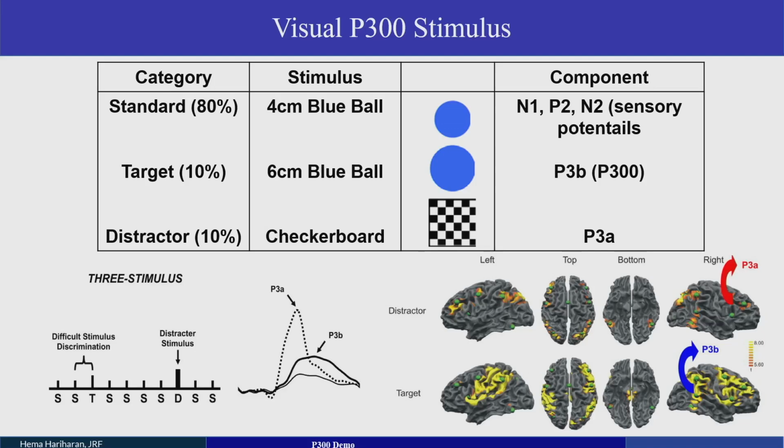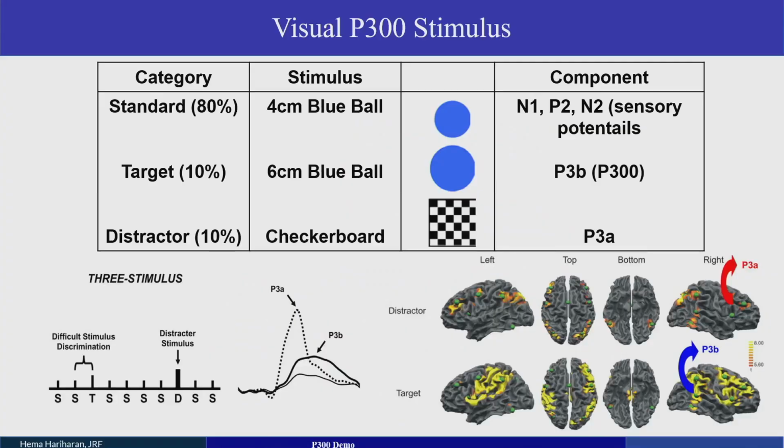This is done by a program in the stimulus system, which gives the stimuli in a randomized manner. For example, there are first two standards, then a target, then 3 standards, then a deviant comes.